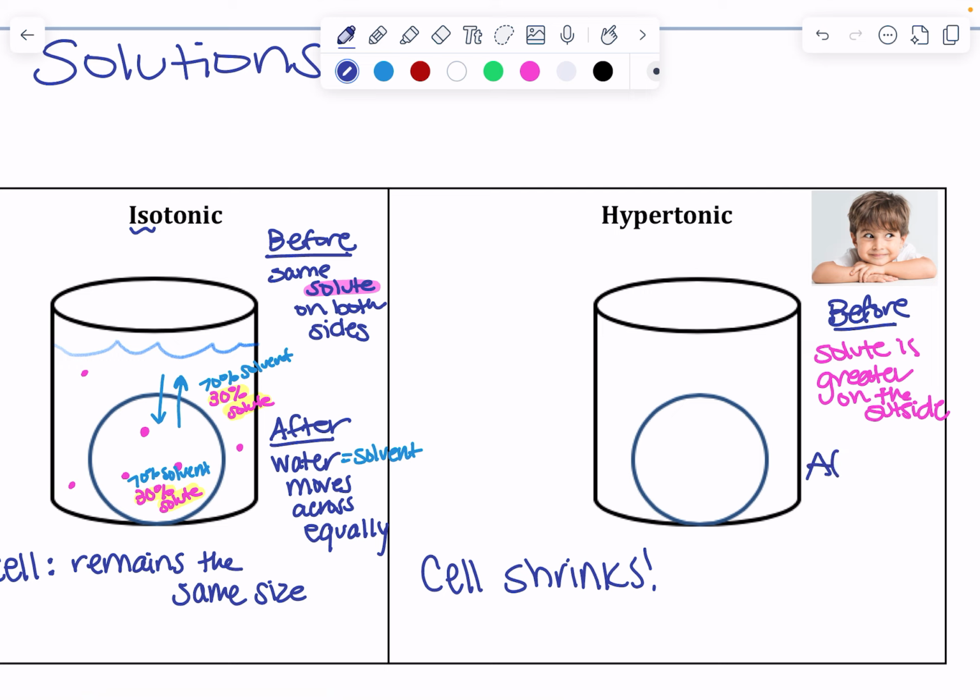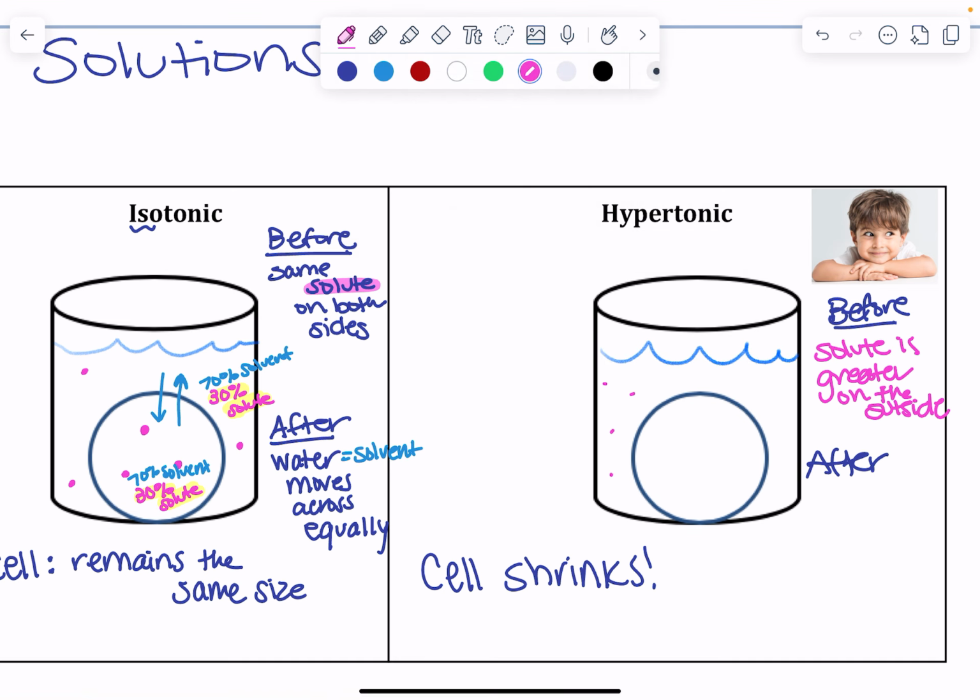The after, we're gonna take a look at right now. So let's go ahead and do our solution once again. Draw your water, draw all the solute on the outside. Woo hoo. Just lots of dots here to show the solute is more potent on the outside and the inside is not as much.